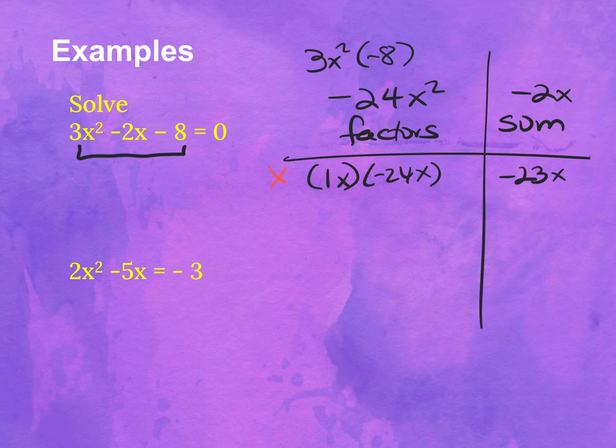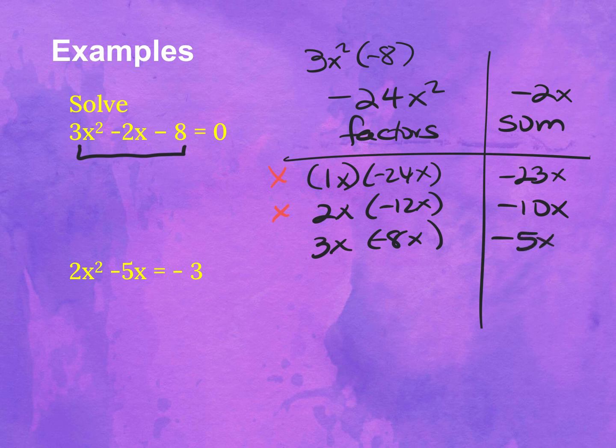Not what I need. So let's try 2. 2 times negative 12. That gives me negative 10. Not what I need. If I try 3 and negative 8, it gives me a negative 5. Still not what I need.